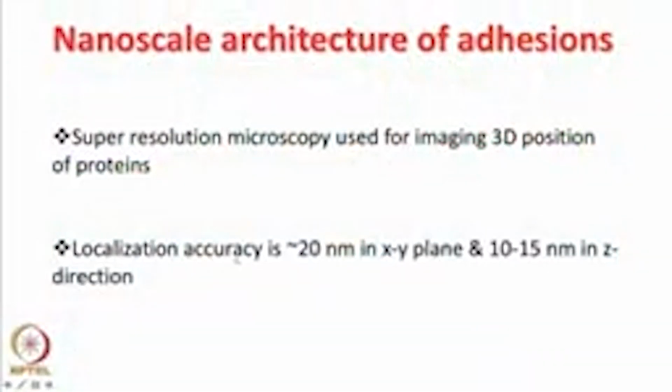Why is that? Because the localization accuracy is within 20 nanometers in the xy plane and 10 to 15 nanometers in the z direction. So, this will really help you identify how these proteins are located along the xyz plane.